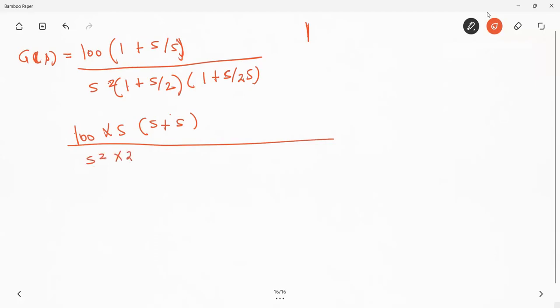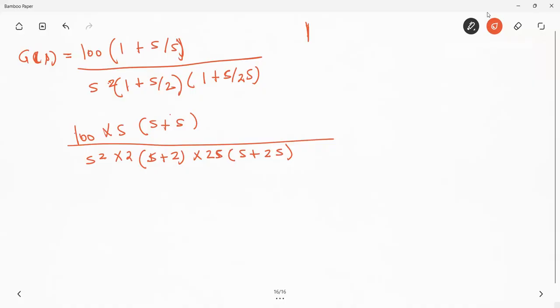I take the 2 value out, so this will become s plus 2, and here also I take the 25 out, then it will become s plus 25. So I got this as 500, and this 2 and this 50. So this value is s square (s plus 2)(s plus 25).